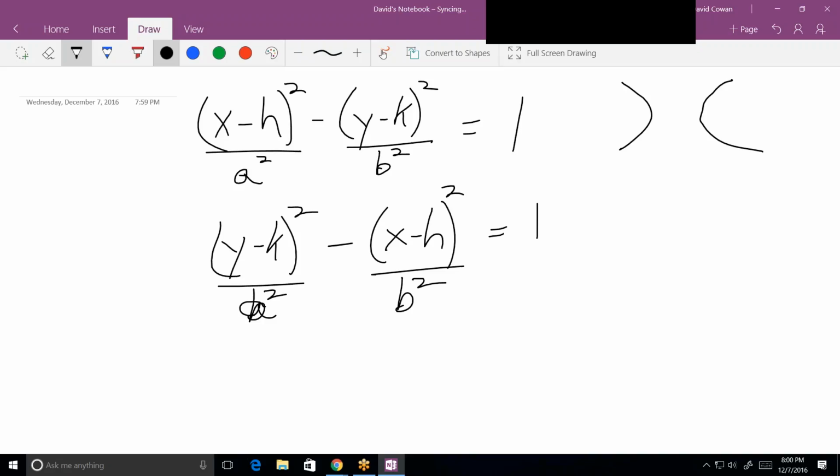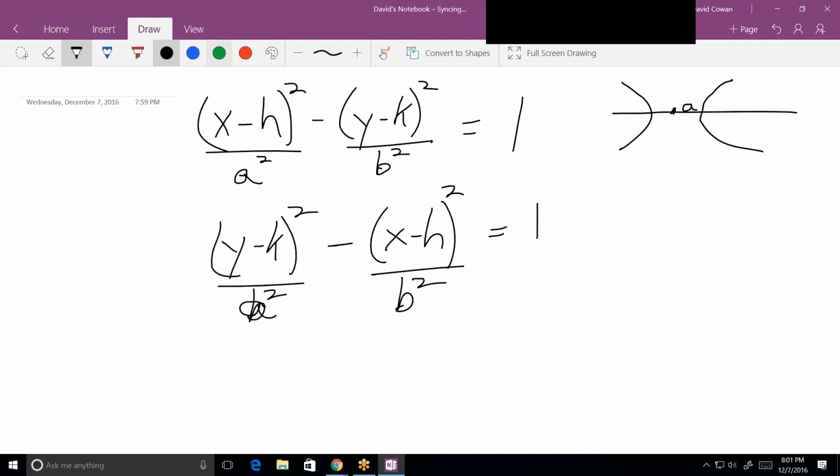The A is always measured along the major transverse axis. So A is that measurement right there. So it always goes under the X if it's a horizontal hyperbola.